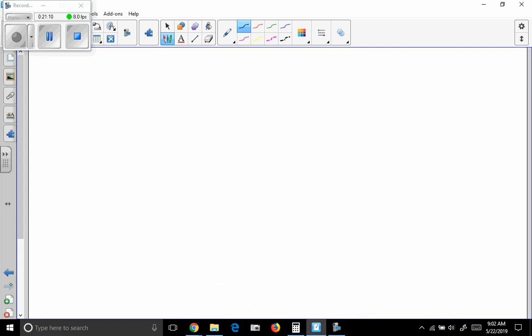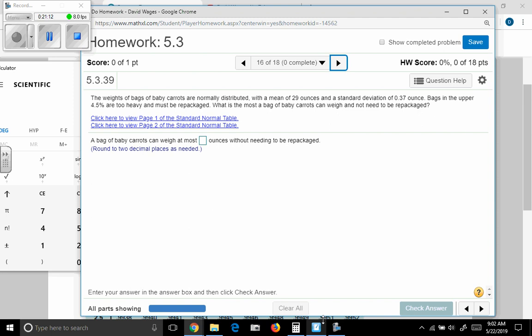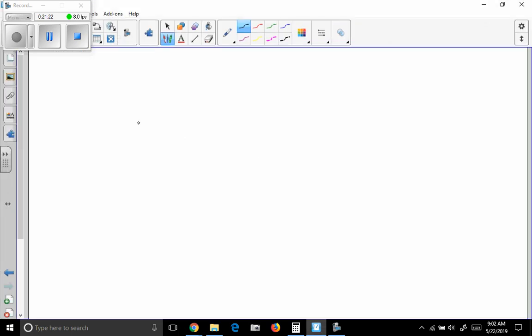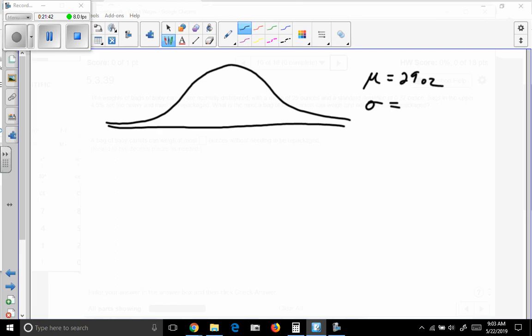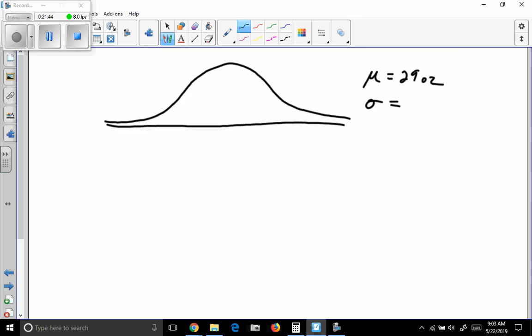Let's do maybe one more. So here's another example. The weights of bags of baby carrots are normally distributed. If we're manufacturing and putting baby carrots in bags, we're told that their weights are normally distributed. The mean weight is 29 ounces, and the standard deviation for their weights is 0.37 ounces.